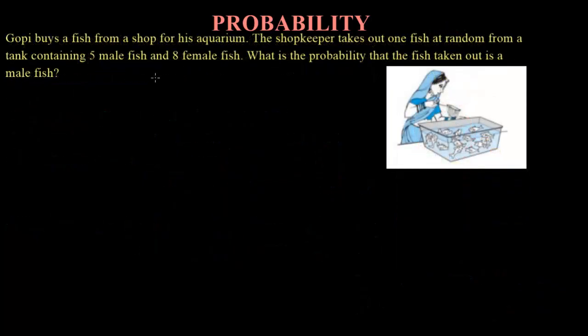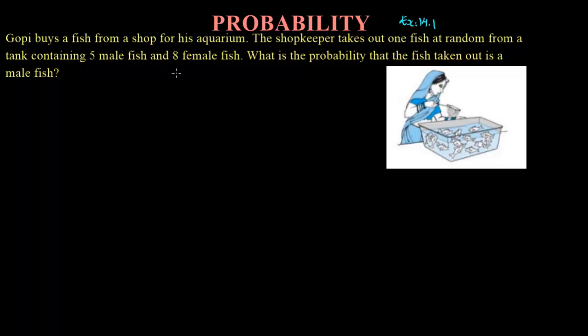So this is the next question, question number 11 from exercise 14.1. This is also a very practical question that we can observe here. Gopi buys a fish from a shop for his aquarium. So he's going to buy a fish from the aquarium of the shop, and the shopkeeper takes out one fish at random from a tank containing 5 male fish and 8 female fish.